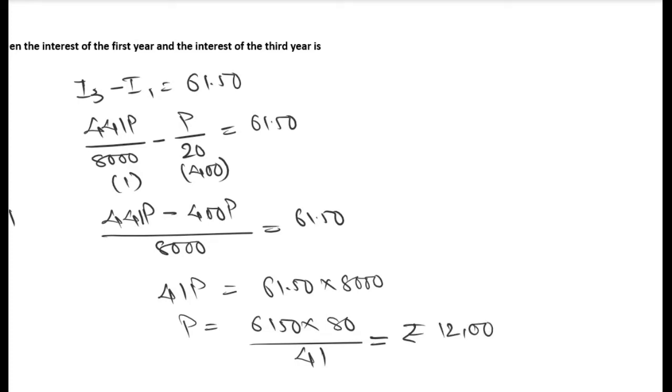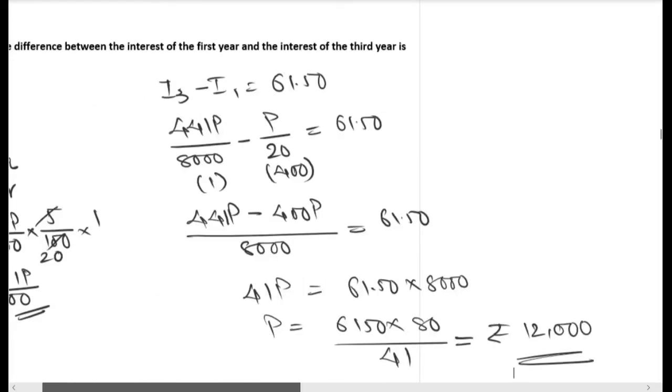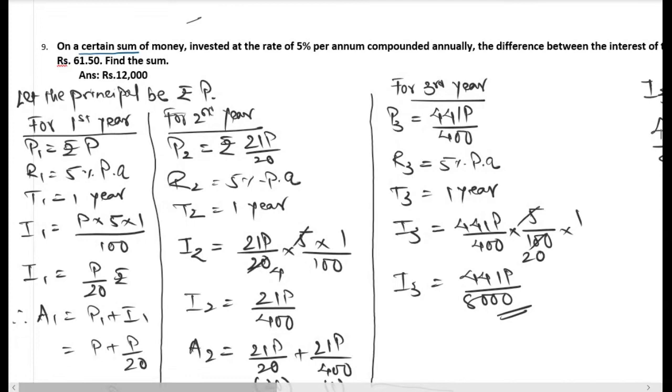So in your textbook you will find a method where they have assumed the principal to be rupees 100, and then they have solved it, and then they have found the original principal by using unitary method. I think in the end, yes, they have used unitary method. But in my method I always prefer the X method or P method or the variable method. I don't prefer 100 method.